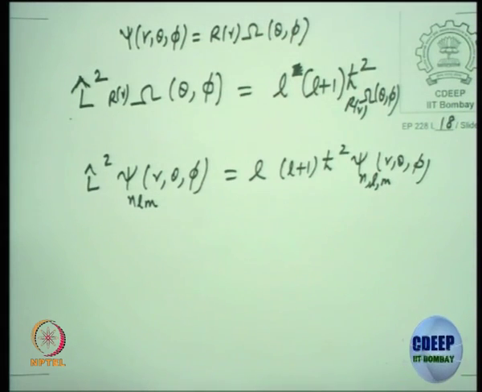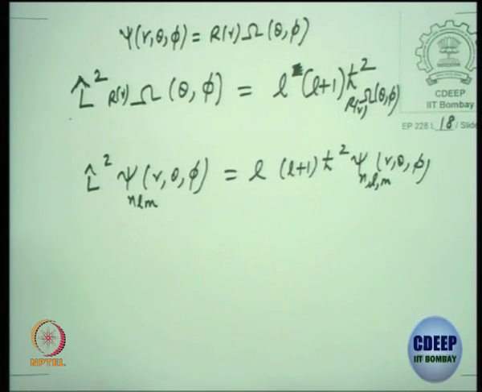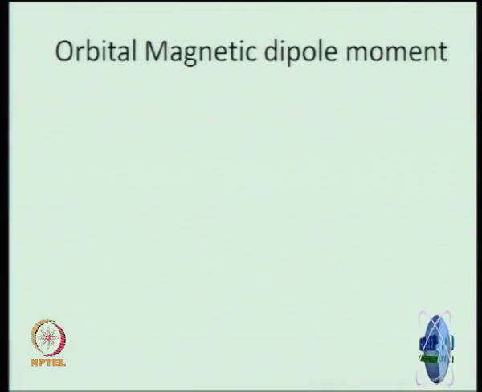So the eigenvalue of the energy eigenfunctions for the L squared operator is going to be L into L plus 1 h cross squared. That is what at least we see from the hydrogen atom. Okay, with this data, a couple of things which you can start attempting is the orbital magnetic dipole moment.